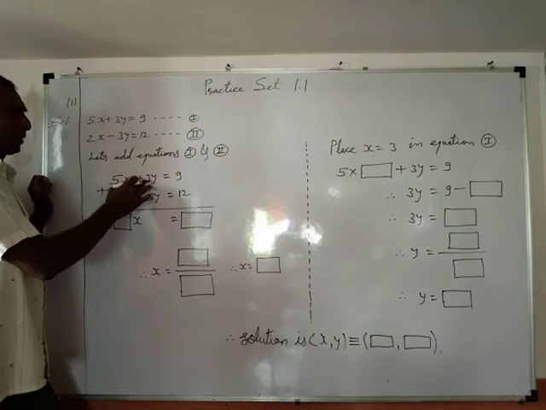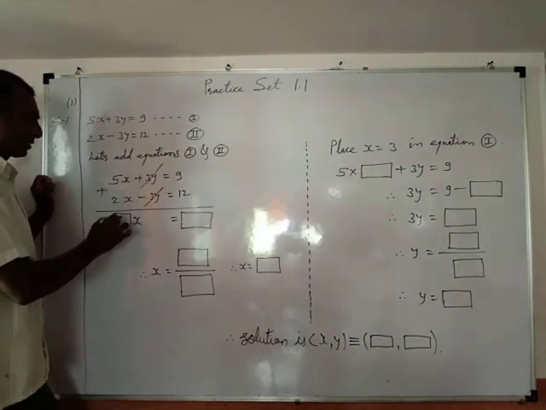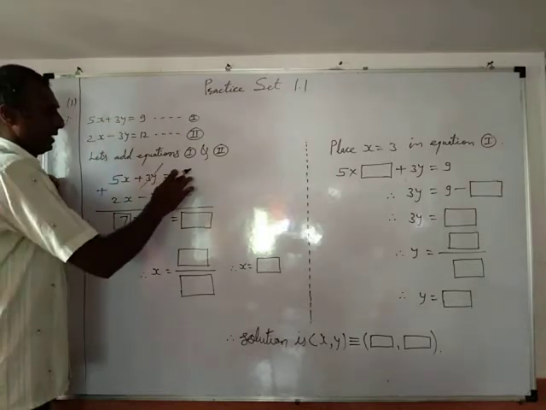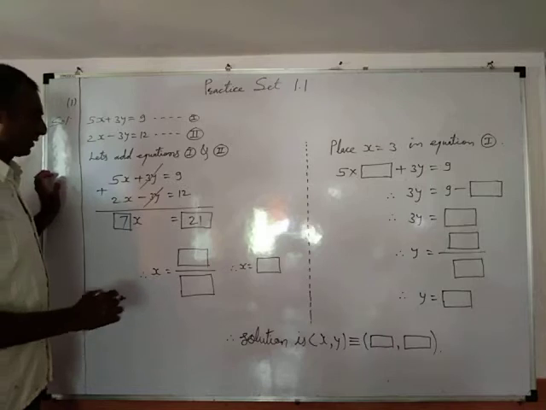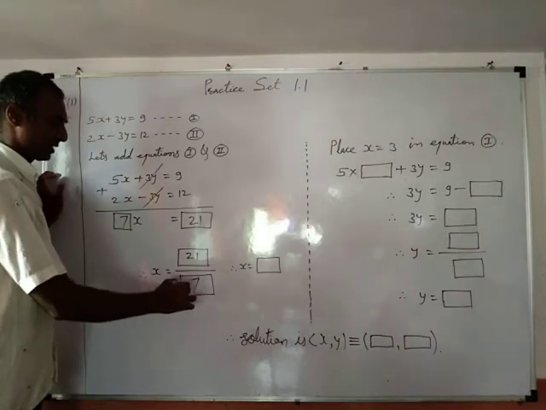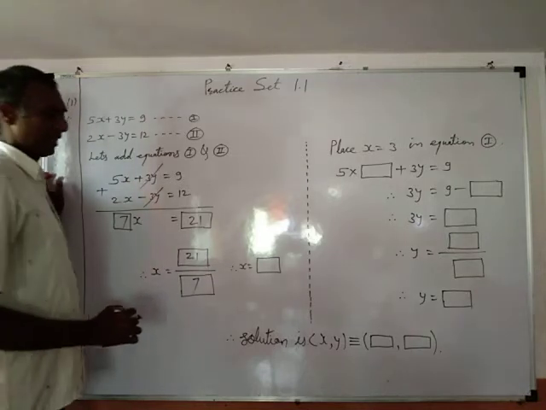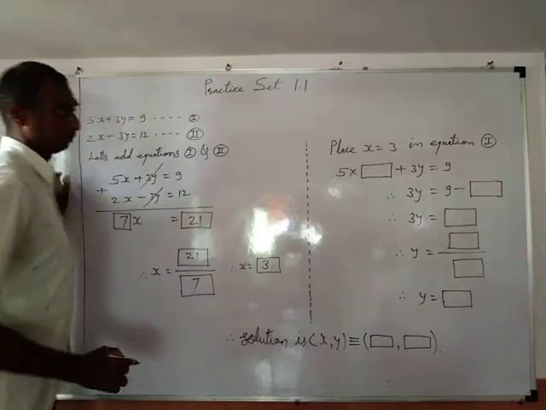Now +3y and -3y will cancel each other. 5x + 2x gives us 7x, and 9 + 12 is 21. Therefore x = 21/7. 7 ones are 7, 7 threes are 21, so 3/1, and therefore x = 3.